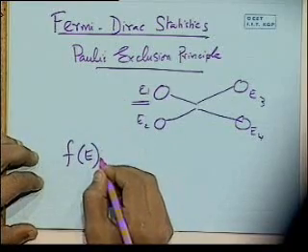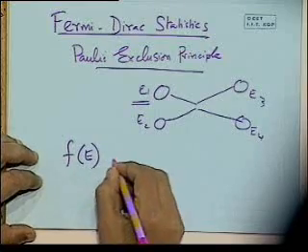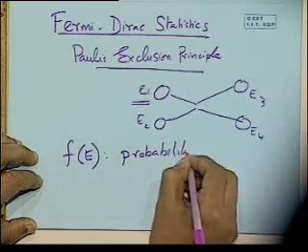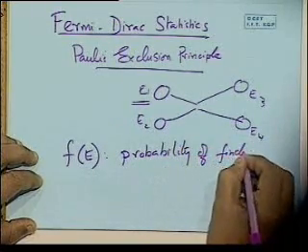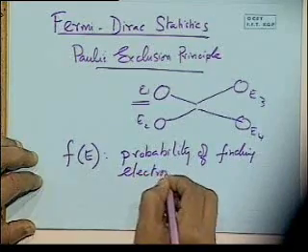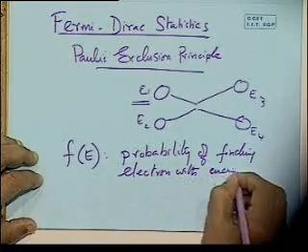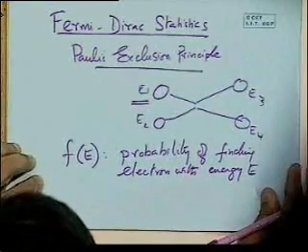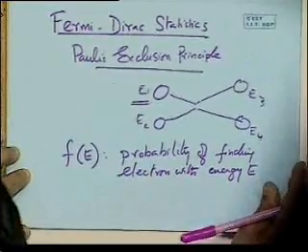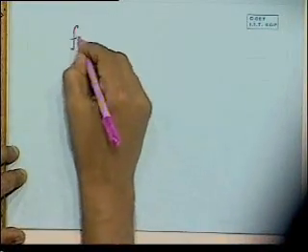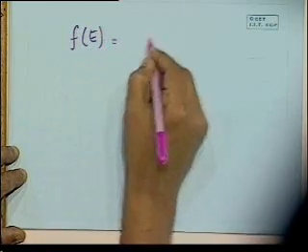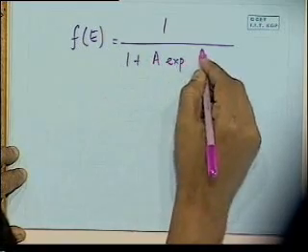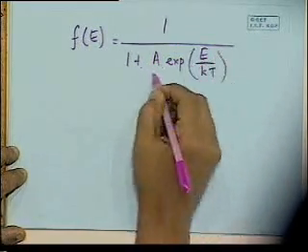P of E was called the Boltzmann function. Similarly, F as a function of E is known as the Fermi-Dirac function, and it is the probability of finding an electron with energy E under the circumstances that Pauli's exclusion principle applies. And again, without going into great detail, we can write the Fermi-Dirac function as 1 over 1 plus A exponential E by kT, where A is some constant.